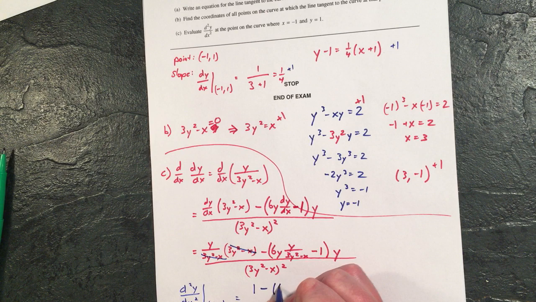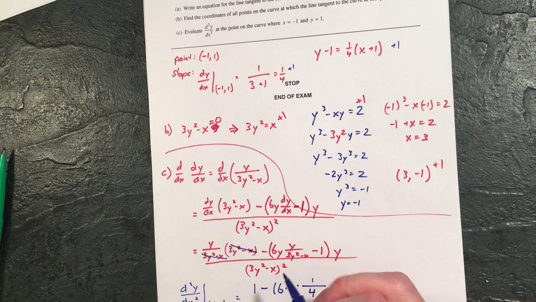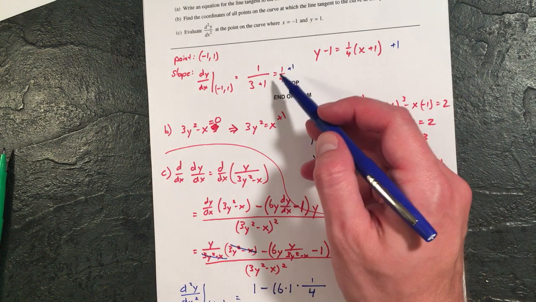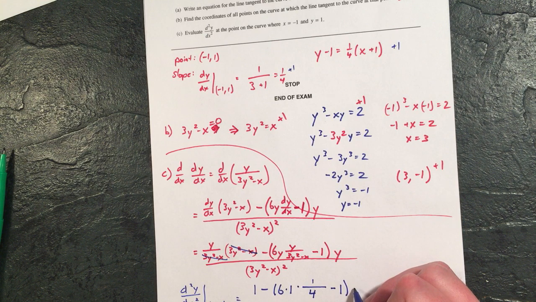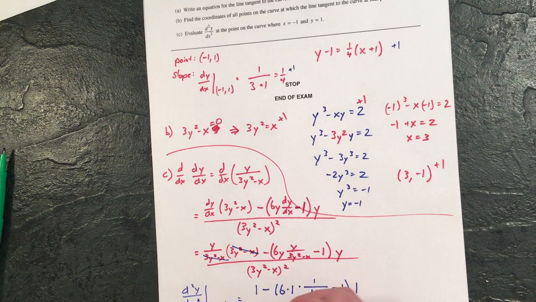1 minus 6 times 1 times 1 over, what is this, 4th. We already did (1, -1), right? We saw that was 1/4. Great. Minus 1, and y is still 1.